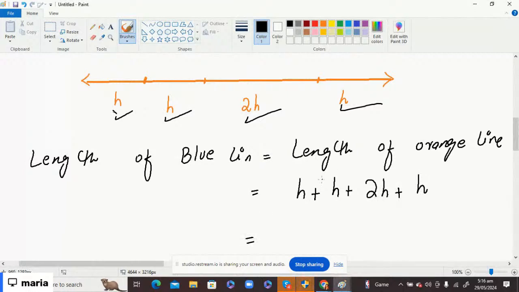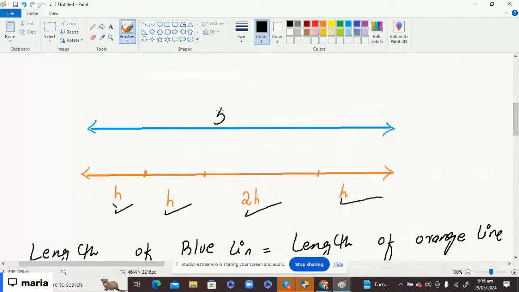Then we are going to write here is 1h, it means here is also 1h, it means here is also 1h, it means we are going to add the constants with constants, like the numbers with numbers. 1 plus 1, that is 2, 2 plus 2 is 4, 4 plus 1 is 5. So it is 5 and h as it is. So what is the length of the blue line? That is 5h.